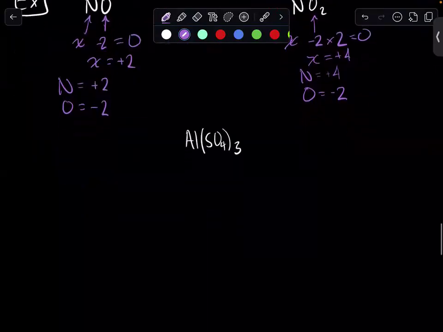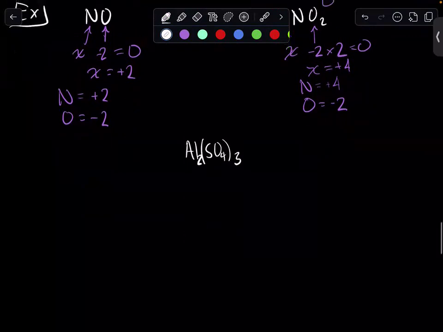All right, moving on to aluminum sulfate. And I actually made a mistake here. Hopefully you figured that one out. Otherwise, you're just going to have double my answer. So in aluminum sulfate, the first thing I know is that sulfate, SO4, has a charge of 2-. So what I'm actually going to do is break this into 2 parts.